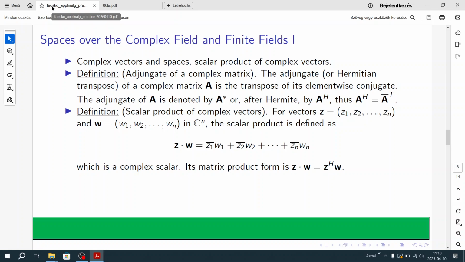You have a matrix, conjugate all elements, and then do a transpose. That's the Hermitian transpose. But I have doubt about the pronunciation. Do you speak French? No? Do you know that the French cannot pronounce H?